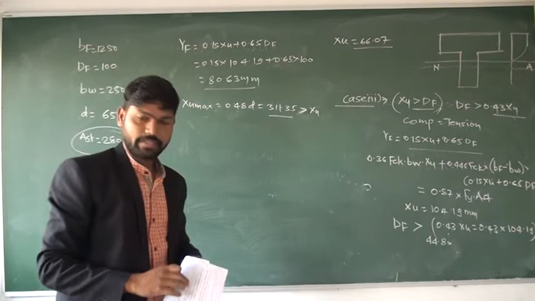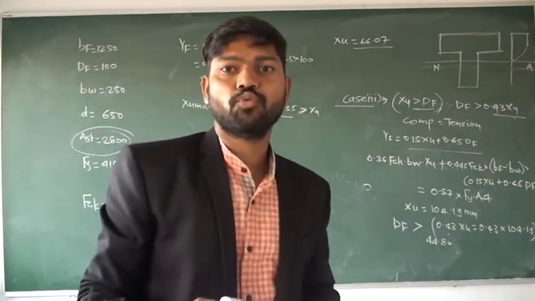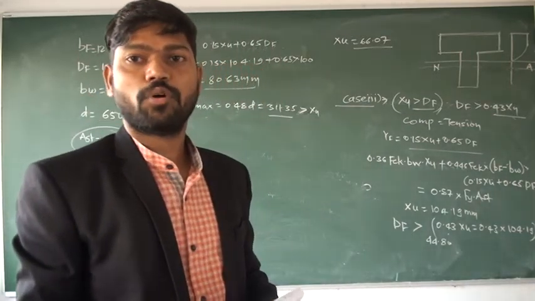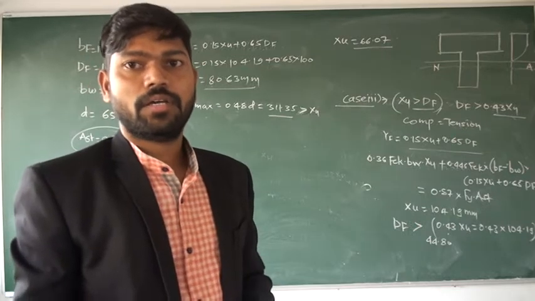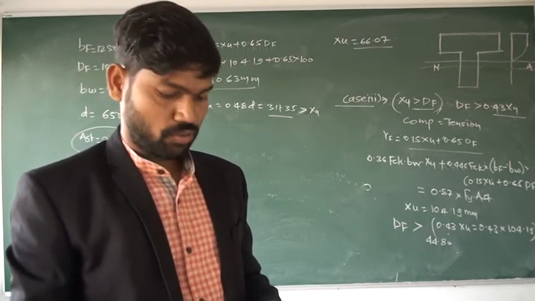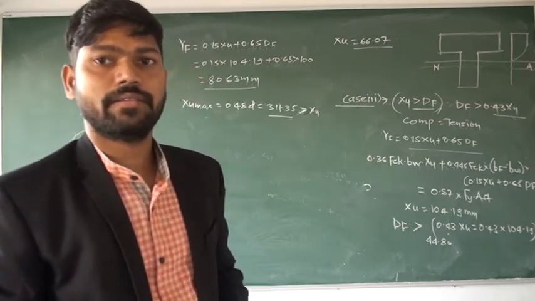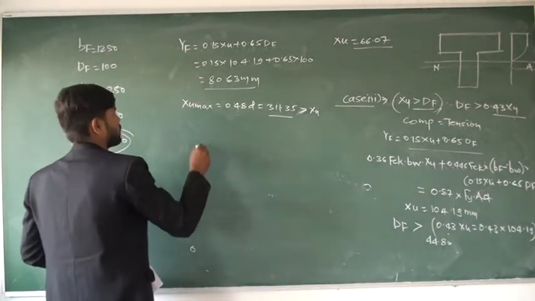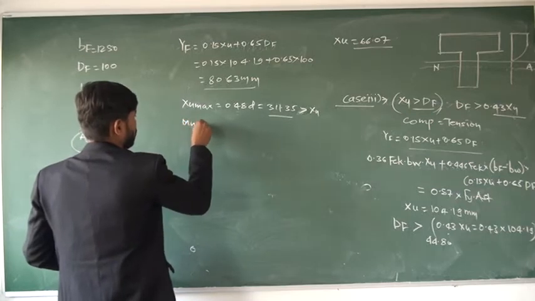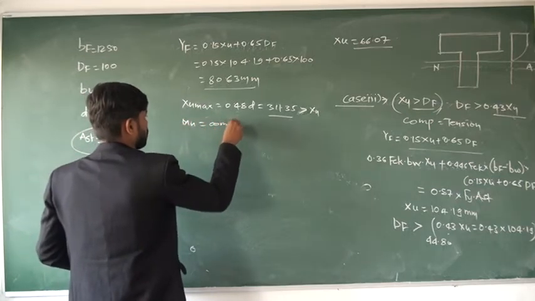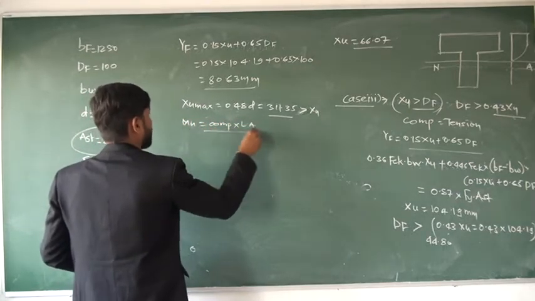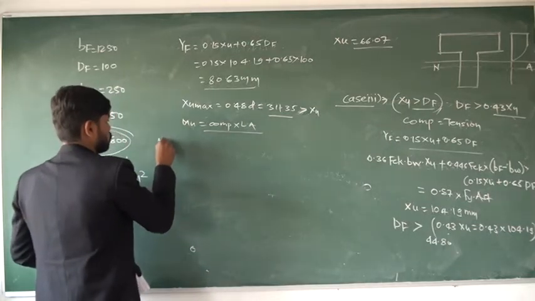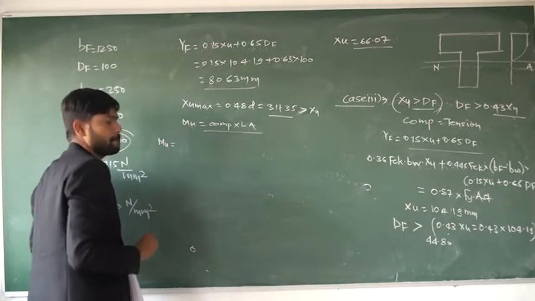So we can calculate the moment of resistance as Mu, which is equal to compression or tension into lever arm. If you use compression into lever arm, you have to put the value of x as the actual xu, not xu max. Okay. So Mu is equal to compression into lever arm.